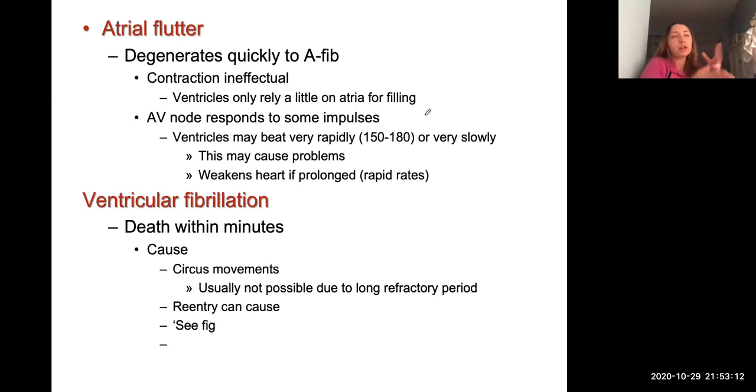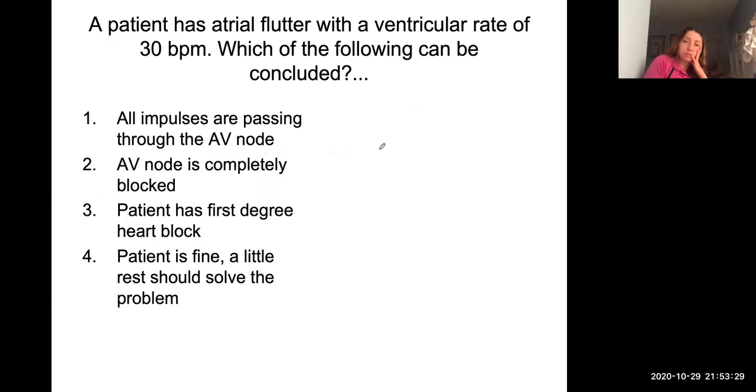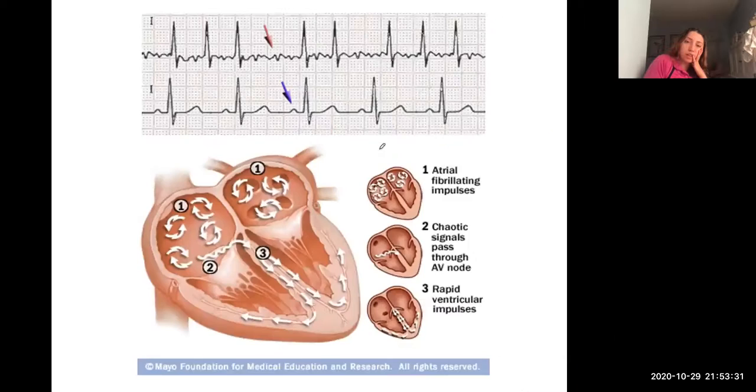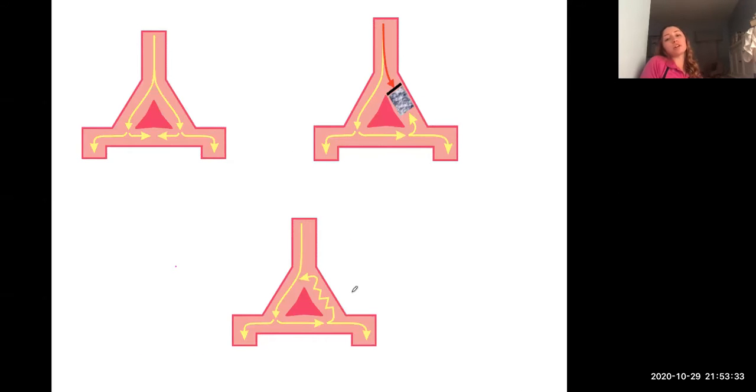Because of the long refractory period, it allows the cells to repolarize and basically fix itself before the next contraction or depolarization happens. But if it doesn't, there's the wheel of fortune. Okay, the wheel of fortune.